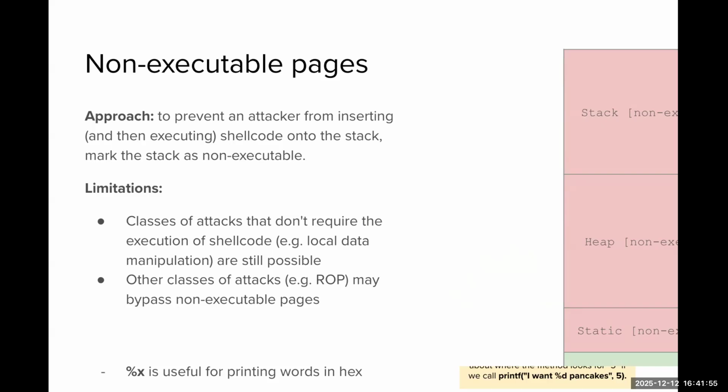But we don't expect to actually run code on the stack. So non-executable pages is saying we don't allow any execution from the stack or the heap or the static section. We only allow code execution from the code section. And so this makes it a lot harder for the attacker to actually write shellcode to somewhere in memory and then start executing that shellcode.